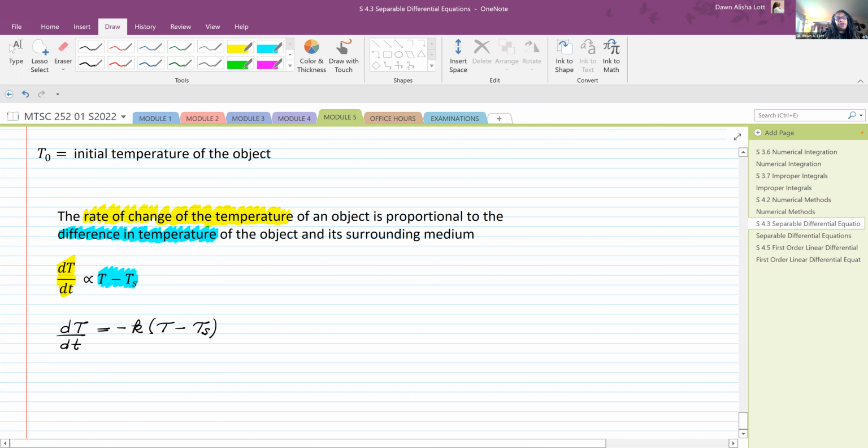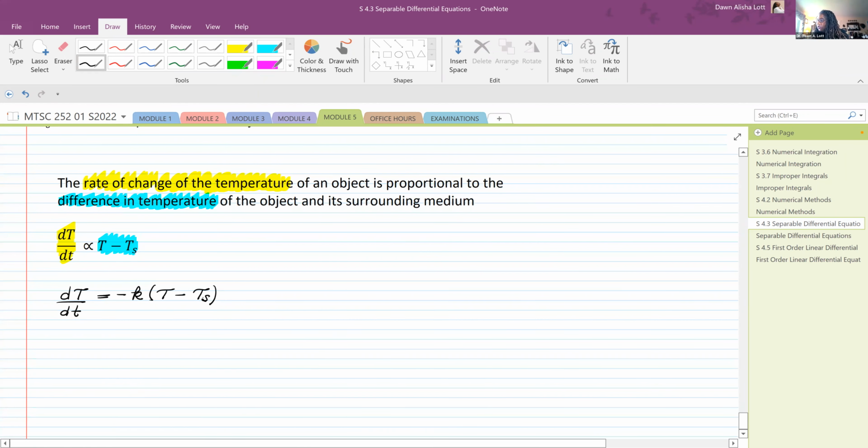Now if the temperature of the surrounding is bigger than the temperature of the object, then that makes this negative and this negative, which makes this positive. So if the temperature of the surrounding is greater than the temperature of the object, the object gains heat.